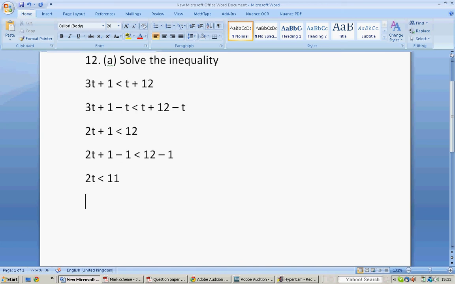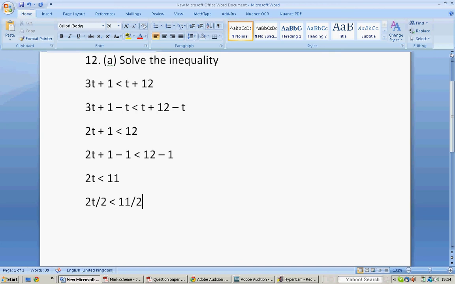So we do the inverse of times 2 to both sides, which is divide by 2. We write down 2t divided by 2 is less than 11 divided by 2.